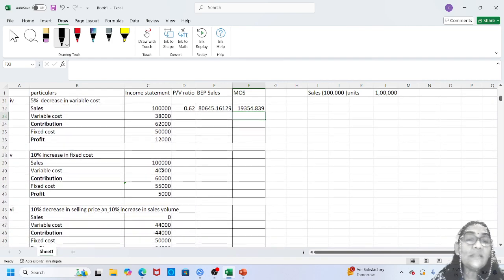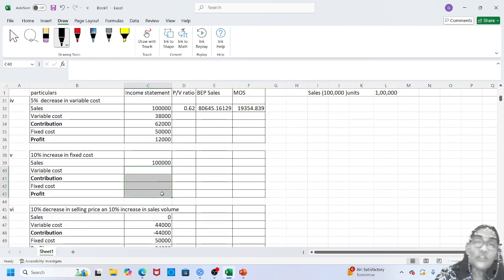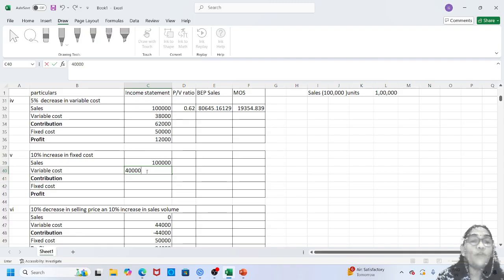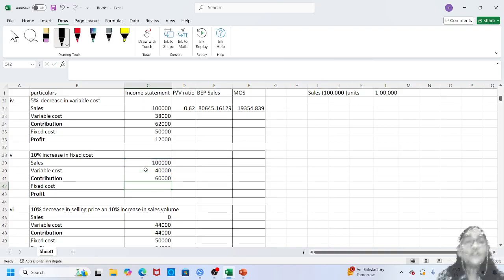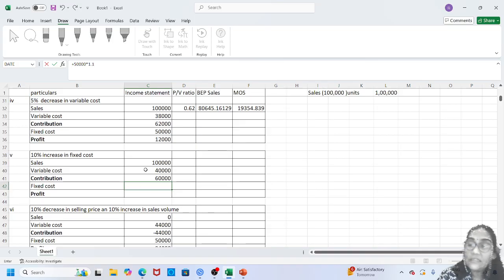Now suppose there is a 10% increase in the fixed cost. So variable cost is the same, that is 40,000. Contribution will be 100,000 minus 40,000. So PV ratio will remain the same, but fixed cost is increasing by 10%. So 50,000 plus 10% will become 55,000.